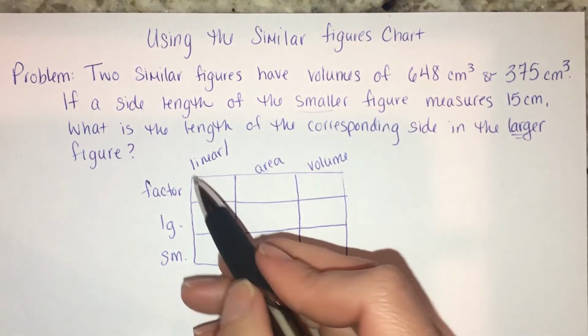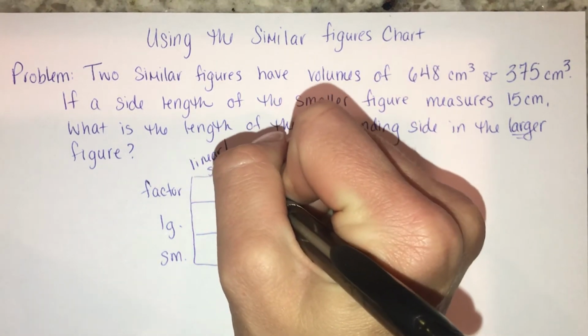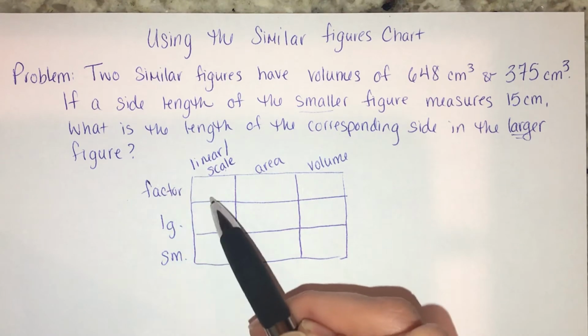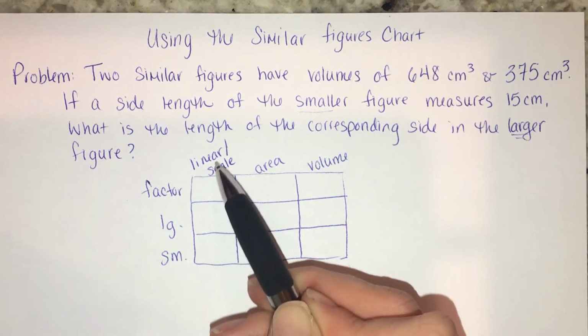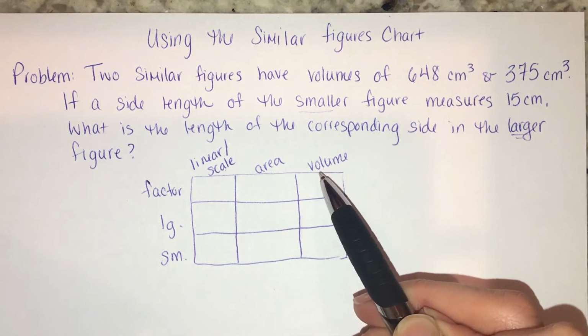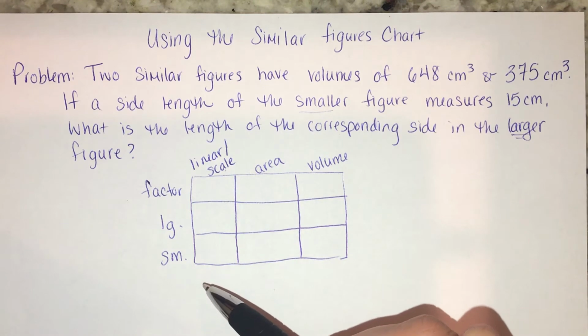This is the only one where I have to change the word to say scale, because when we talk about scale factor, we are in fact talking about the linear factor, not how the areas nor the volumes relate, only how the linear units relate to each other.